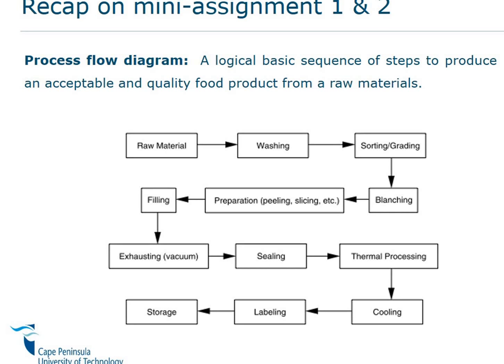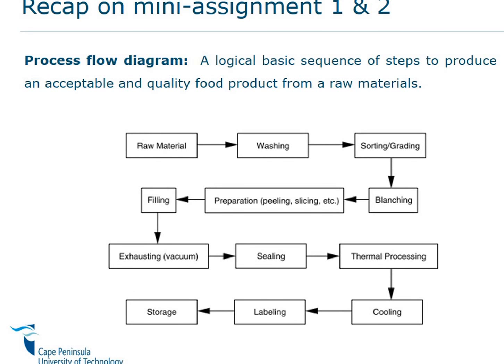We define a process flow diagram as a logical basic sequence of steps to produce an acceptable and quality food product from raw materials. As I mentioned in class when we began the course, food technology entails converting raw materials using food processing operations into a final product.